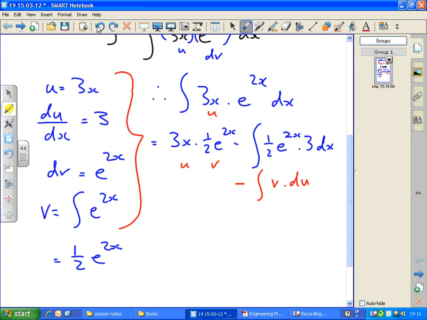So carrying on, this equals, and tidying up as we go along, if we look at the first part, 3 times a half becomes 3 over 2 x e to the 2x, minus, I could take the 3 and the half outside the integral, so this is 3 over 2 integral of e to the 2x dx.